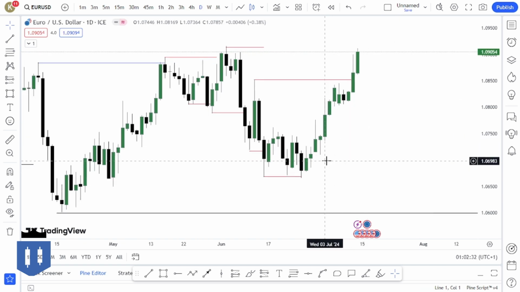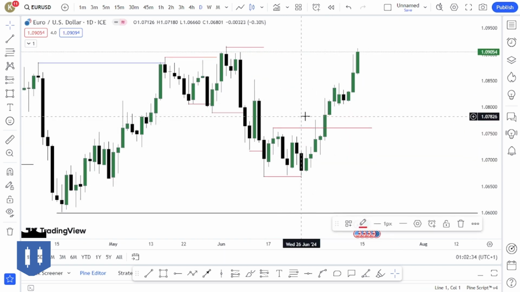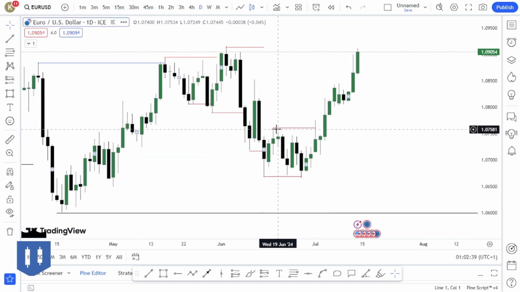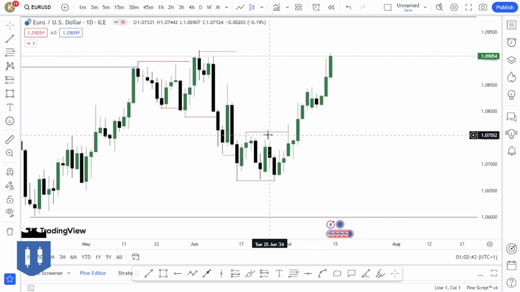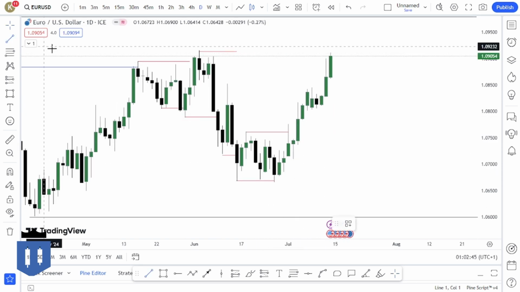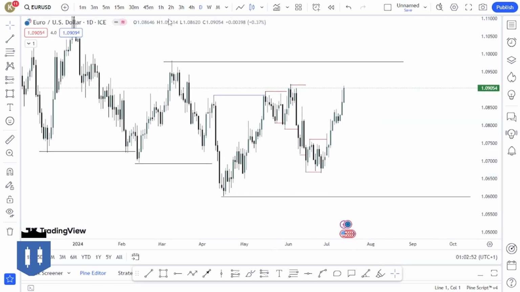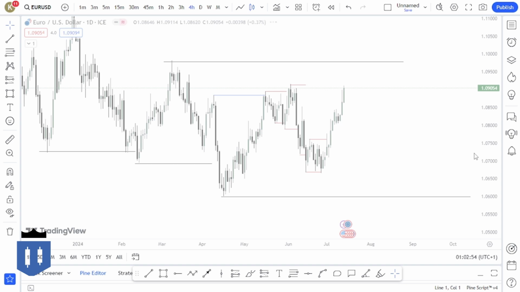This is where the change of character happened, because we made this low, we pulled back, then we broke it here. So this is the low and high that led to it, but here the change of character happened. So price has now been bullish for a long while. Okay, so that is the daily time frame. So let's see the 4-hour time frame.